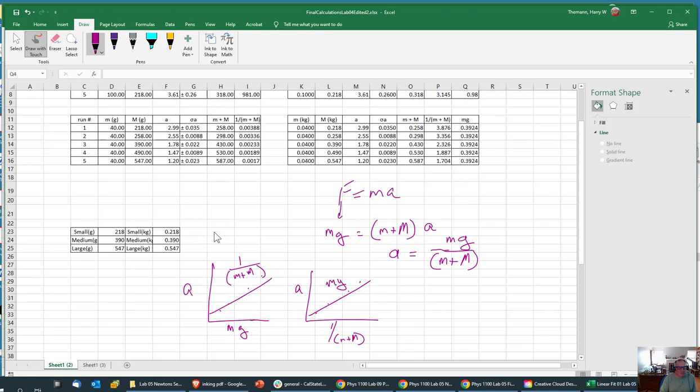So if you would say then a equals 1 over little m plus capital M, that's the slope. mg is the x-axis. And then here, similarly, we have mg as the slope, and 1 over little m plus capital M is the x-axis.